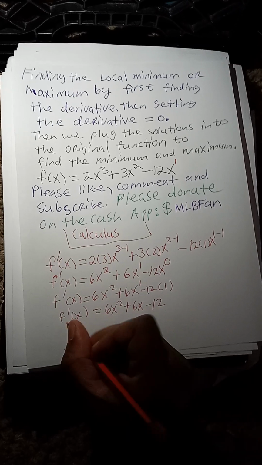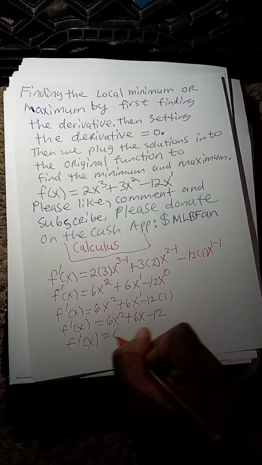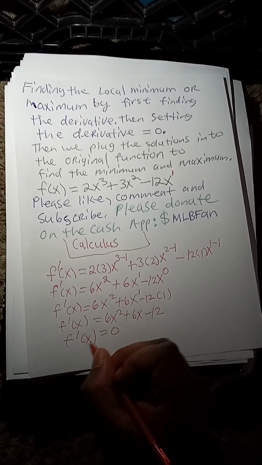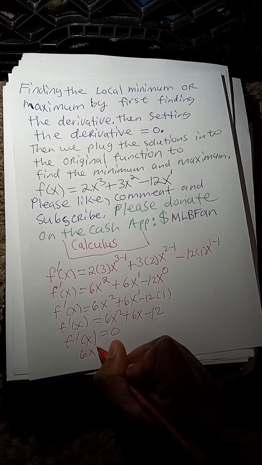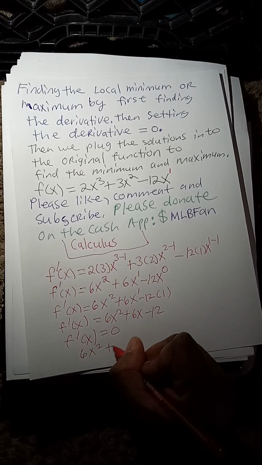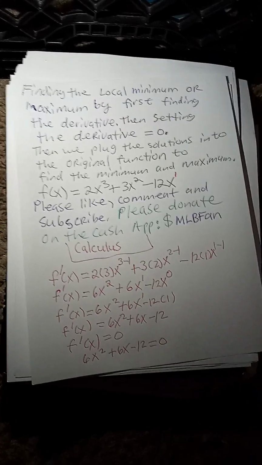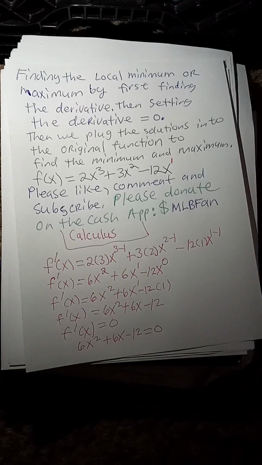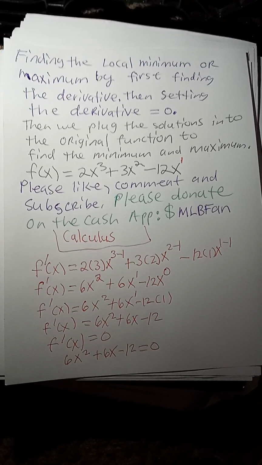Then the next step is to set f prime of x equal to 0. So 6x squared plus 6x minus 12 equal to 0. Let's let that marinate a little bit there.